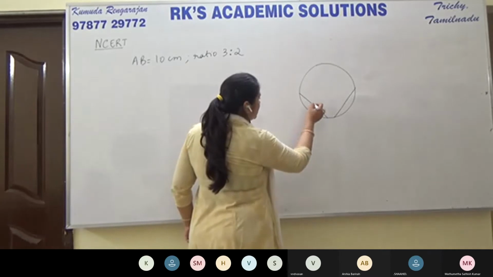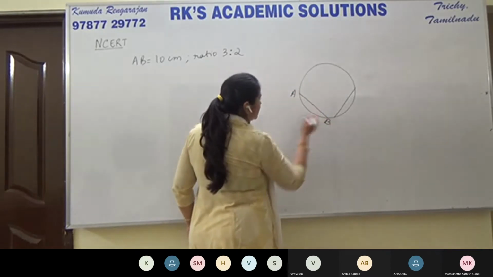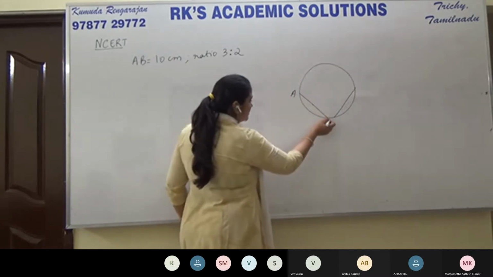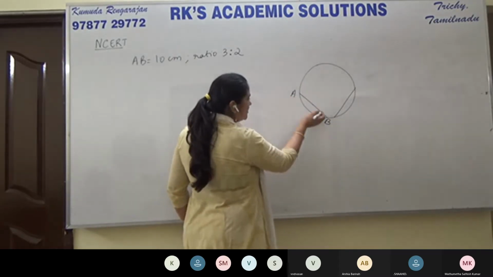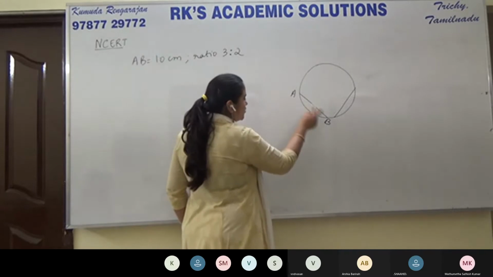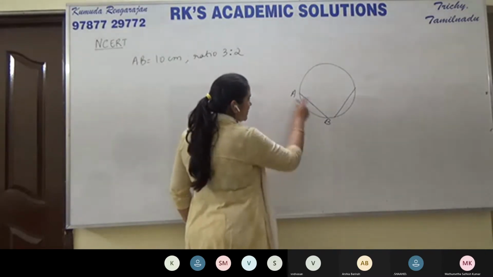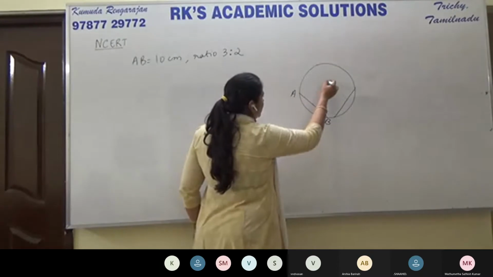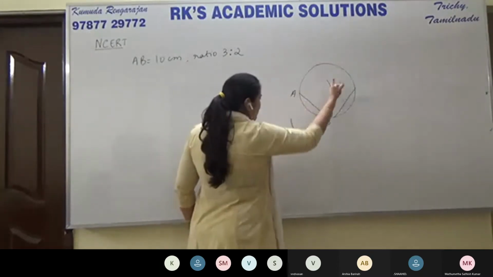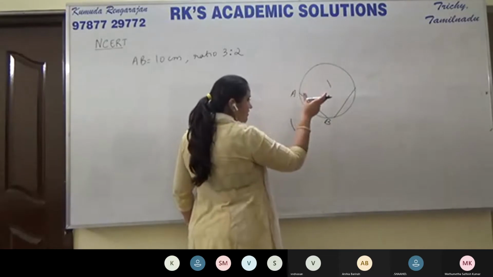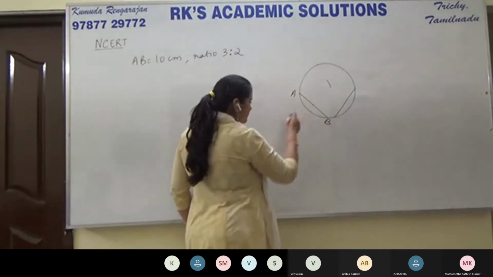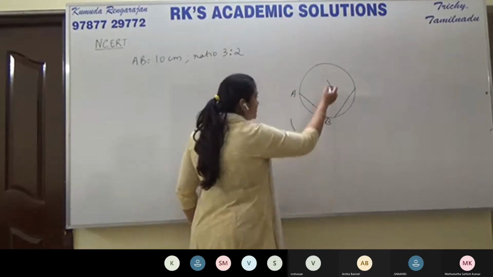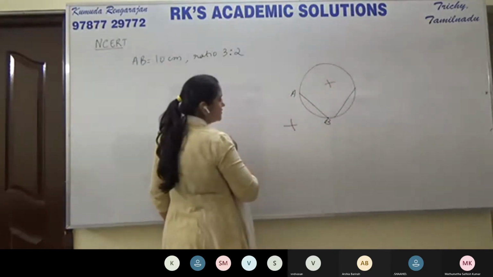How will you construct the perpendicular bisector of chord AB? With A and B as centers and radius more than half of AB. From A, we'll draw one arc above AB and below AB, with sufficient radius. Then with B as center and the same radius, we cut the earlier arcs.